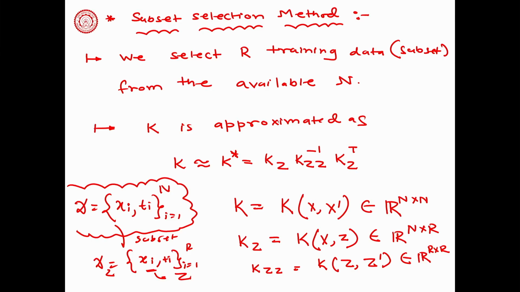So basically my subset is all the training data. If I take that, what do you think will happen? What will Kz be equal to? If r equals n, z is equal to x. Kz will be equal to k, and Kzz will be equal to k.